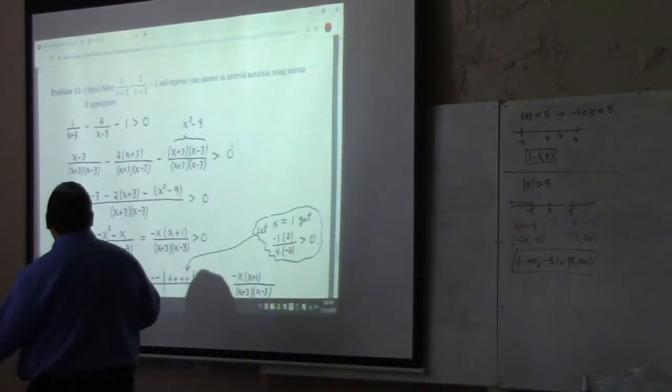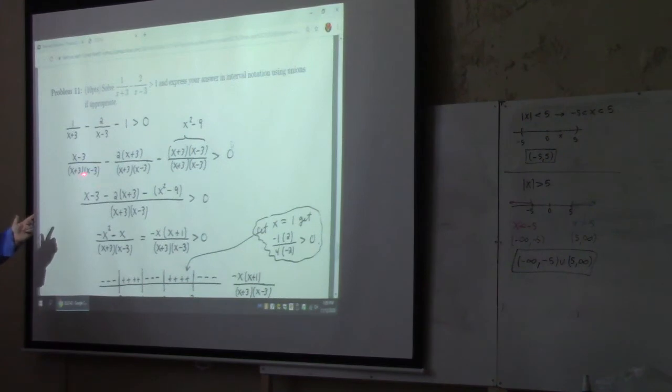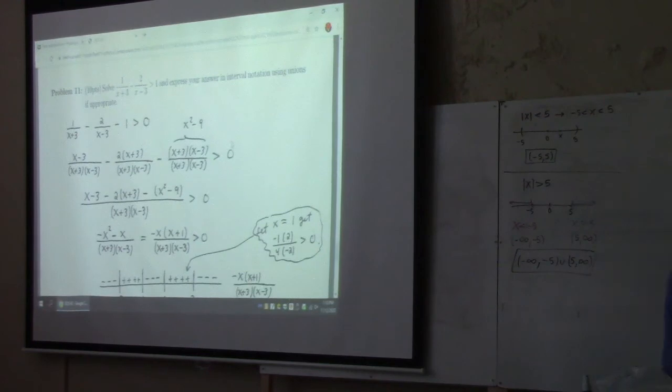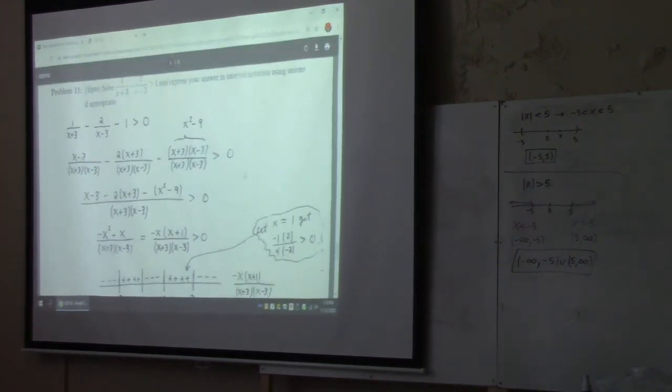Once you've done that, then simplify, because you really need to have it factored above and below in order to see what the critical numbers are. Critical numbers here are 0, minus 1, minus 3, and 3. That informs my sign chart down here. I plug in a point, figure out where it's positive and where it's negative, and then I can solve the problem.